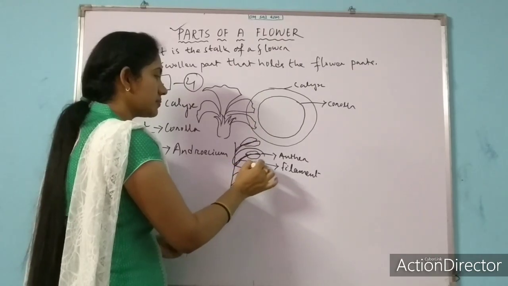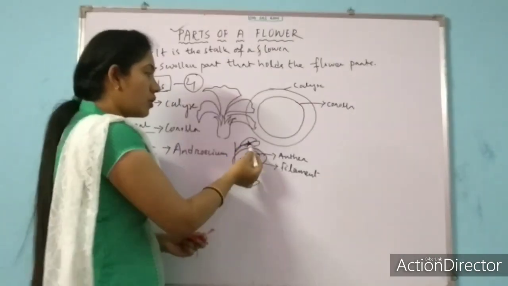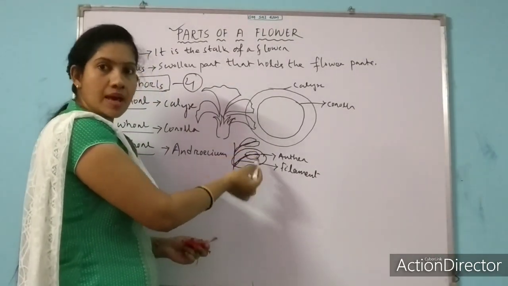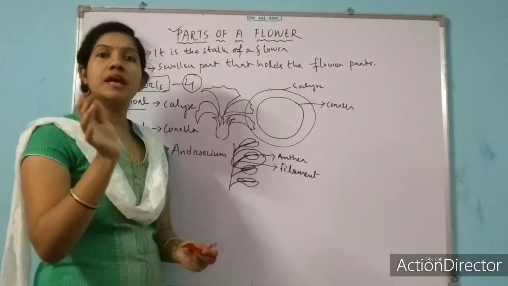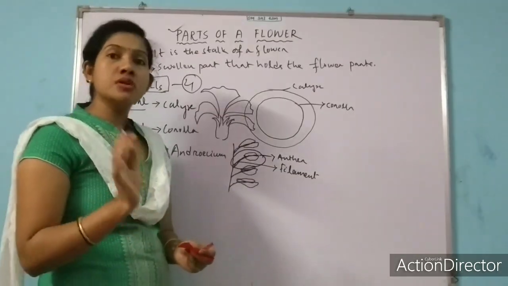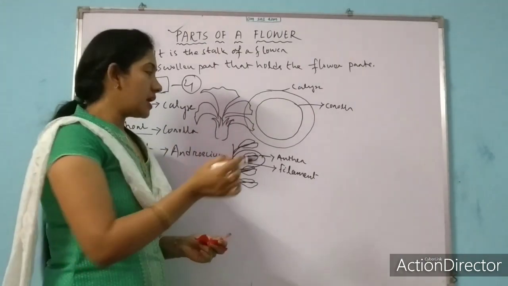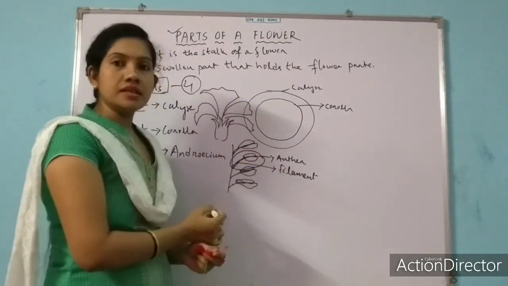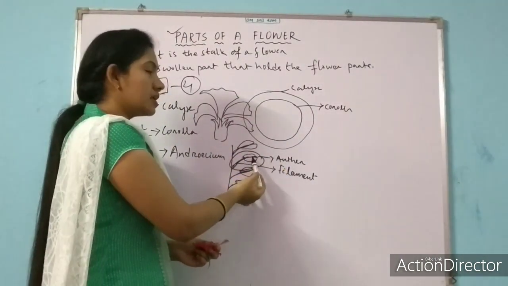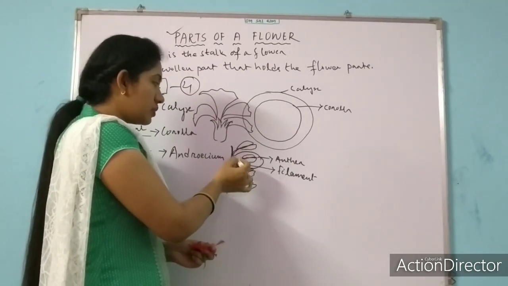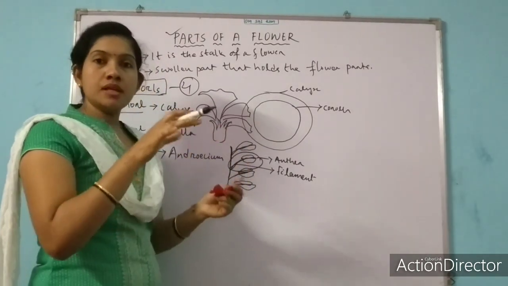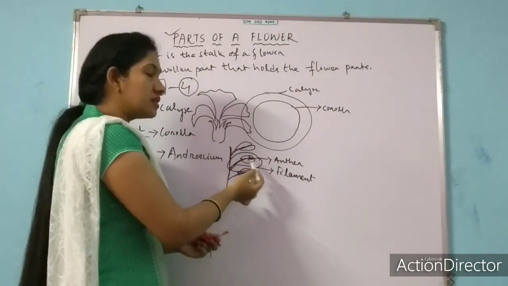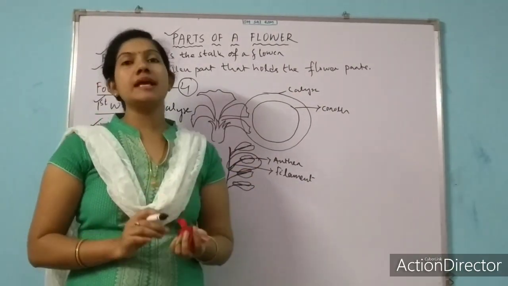So all the stamens combined form the androecium. What are the parts of a stamen? The parts of a stamen are filament and anther. Filament holds the anther in position, and anther produces the male gamete.